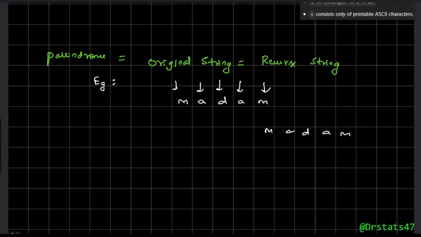So when we go forward and when we go back, it reads the same. So it is the original string, and this is the reverse of it. It looks the same, right? This is the property of a palindrome. Both strings will be equal.